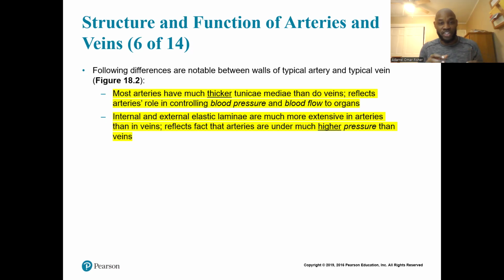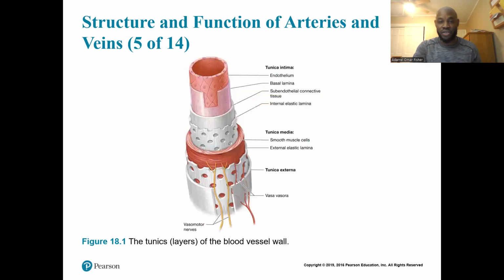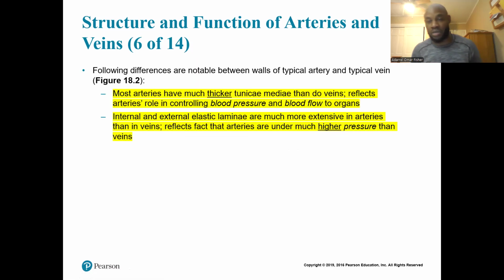So their internal and external elastic laminae, you see here, the elastic laminae, that's part of the tunica media. And then the internal elastic lamina is part of the tunica intima. They help resist the pressure that the blood vessel is experiencing, the blood pressure, the pressure exerted by the blood pushing on the walls of the arteries.